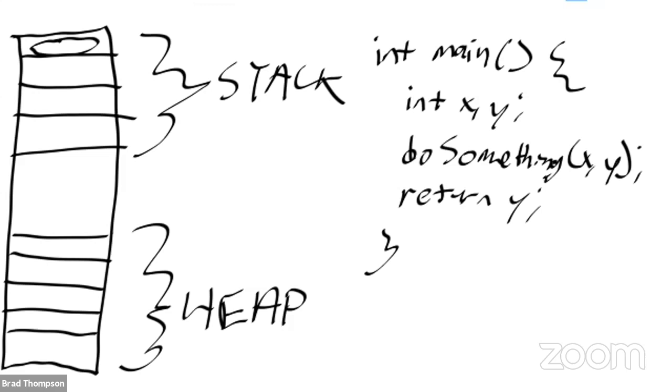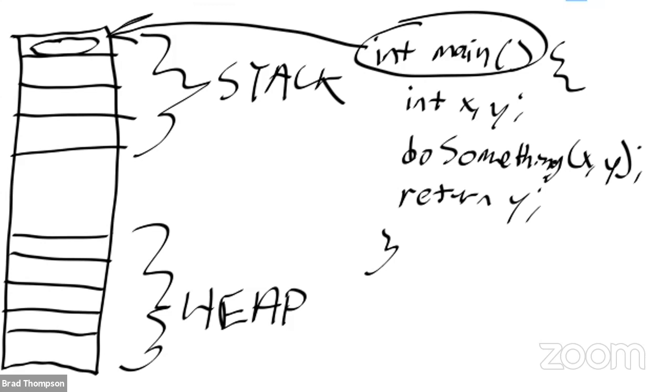So if we have this simple, dumb C program, this main function gets its own little chunk of memory on the stack where all of the things that the function needs to know about get stored. In this case, our X and Y variables live somewhere in this chunk of memory up here.